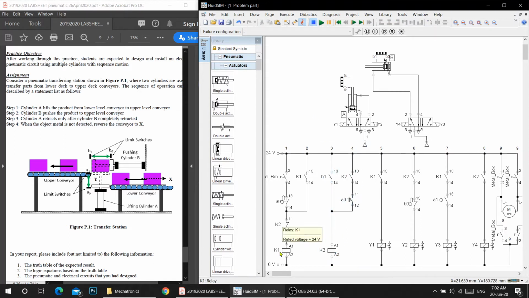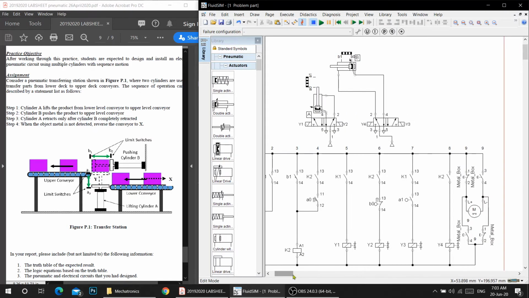What are the K1 and K2? The K1 and K2 are basically the relay that triggers all the inputs over here that enable the output Y1, Y2, Y3, and Y4.